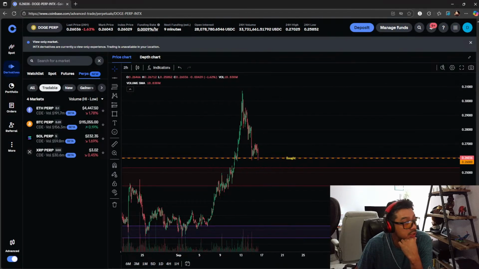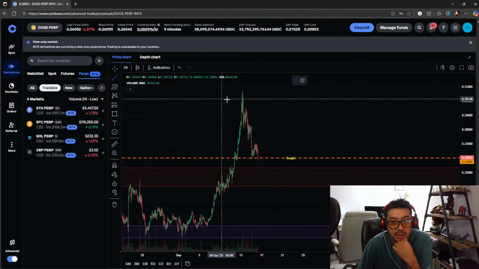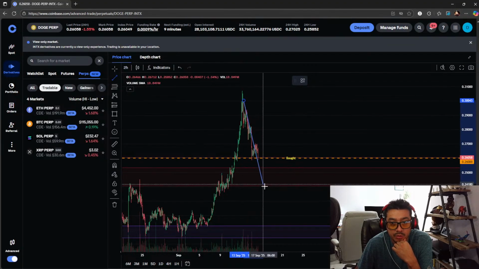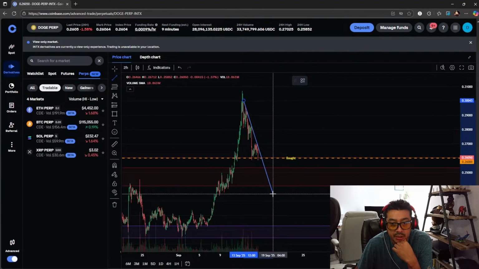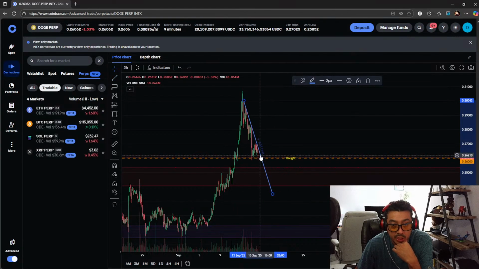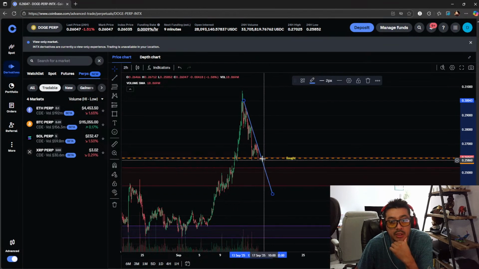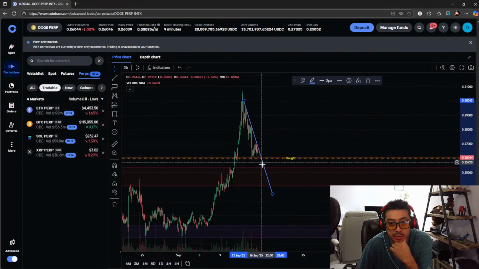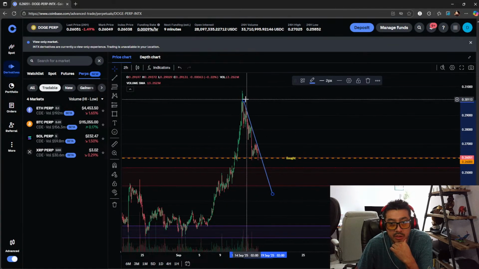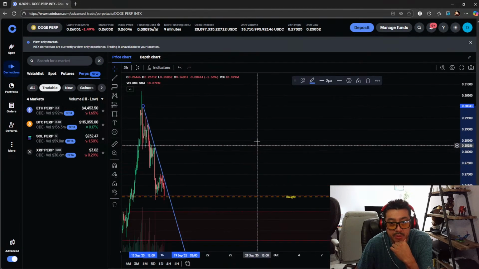More than likely, let's put a little resistance, little downtrend. See this beautiful downtrend right here? More than likely, the next time it pops back up, it'll probably go back up one more time and then it'll drop down. But we need to break through this resistance. It's a beautiful pattern that it keeps following.